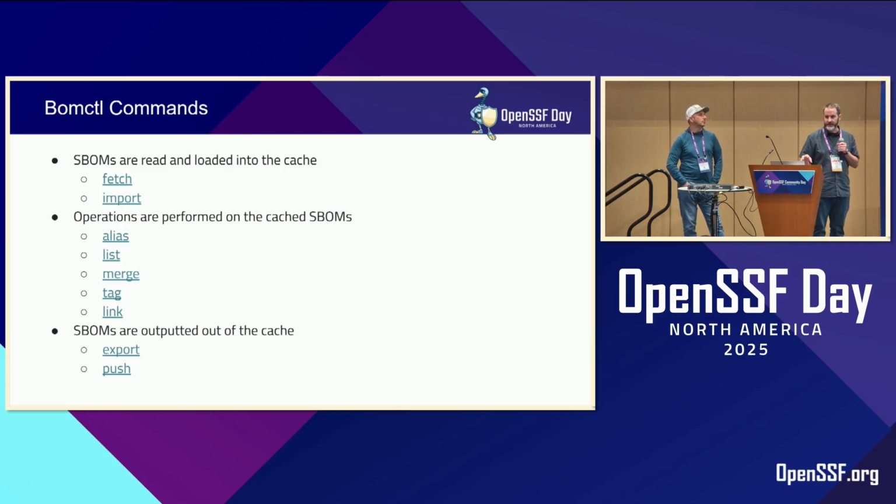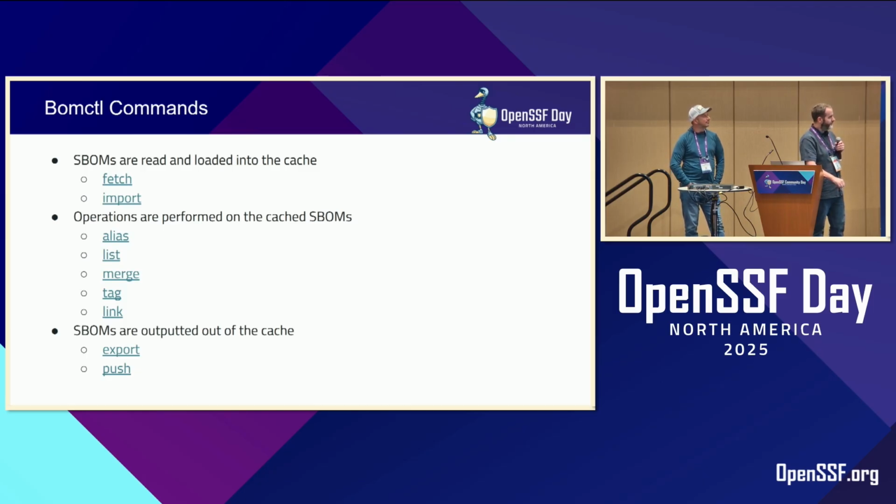So if it's a specific product or a specific image, maybe a specific tag, you can give them aliases to make them easier to work with. And all the other commands still work if you give something an alias and use an alias in the command line to run operations. List, pretty self-explanatory.